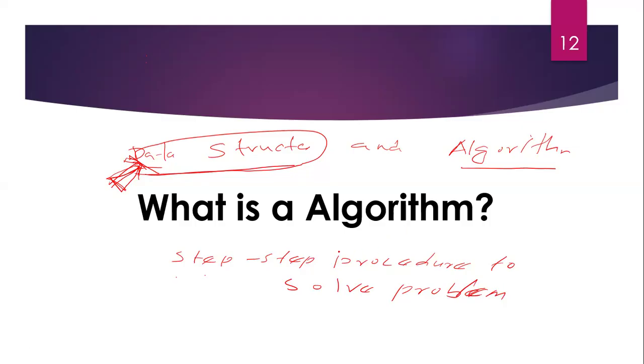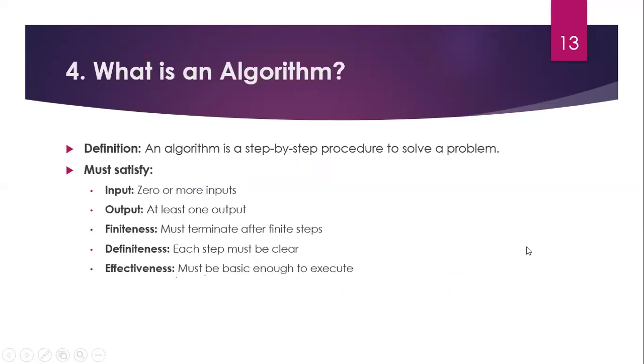The step by step procedure that we make for any problem, we can call an algorithm. In here you can see, an algorithm is a step by step procedure to solve a problem. You should remember this.